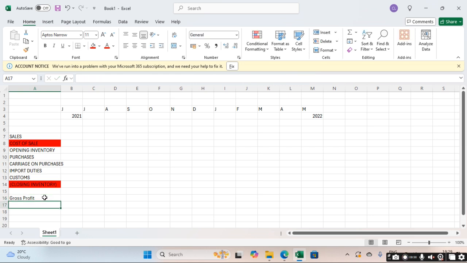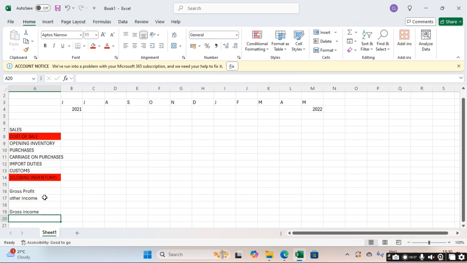From your gross profit, you have other income. I'm sorry for writing the structure now. This is a bit time consuming. Gross income, and then we have our operating expenses.